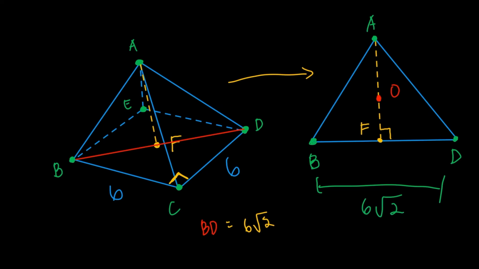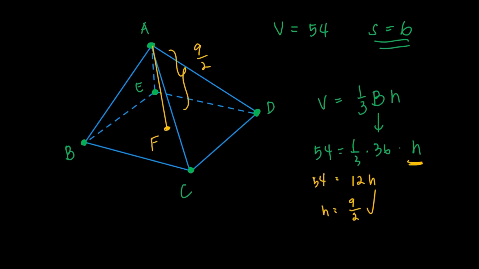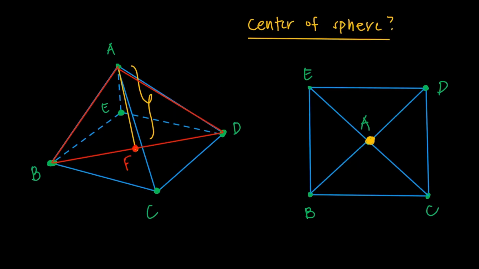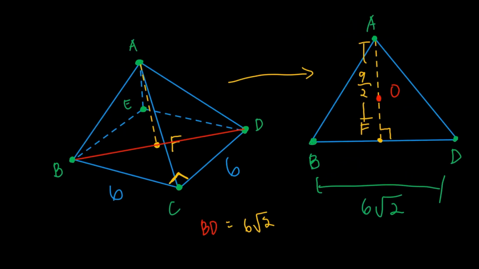Next, I know what AF is. AF is 9 halves, based from the formula a while ago for the volume of the sphere. So height is 9 halves. So that's AF. And I can say that we have a right triangle AFD. We could use Pythagorean here because AB and AD are the same, based from the right square pyramid condition.